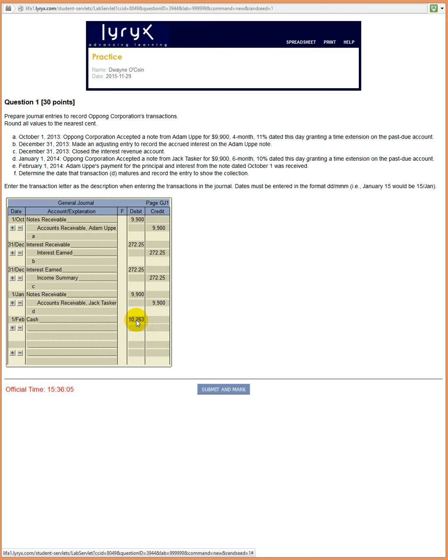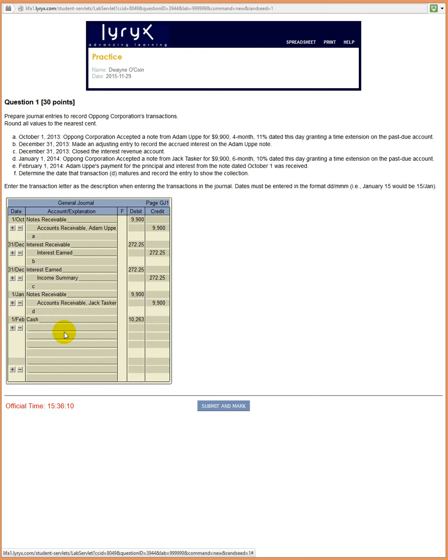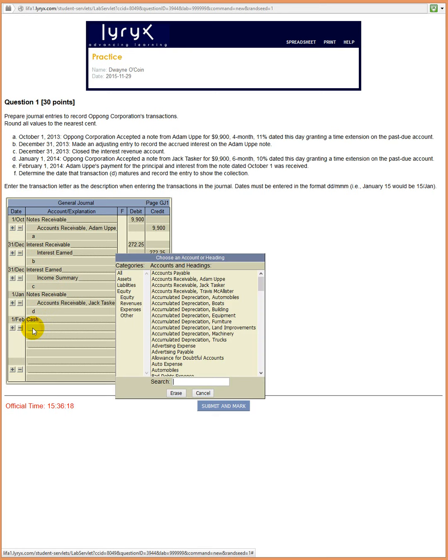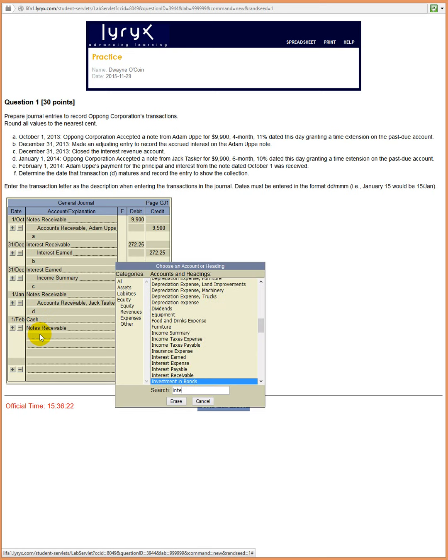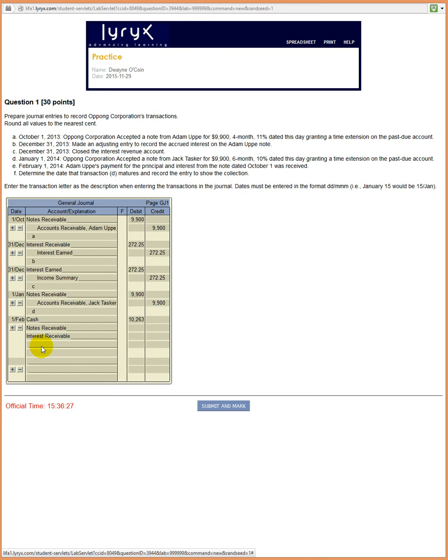Now that 10,263 includes the note receivable, the interest receivable which we set up in transaction B, and it also includes interest earned for the month of February. So we have a note, we have interest receivable right there, and interest earned right there.